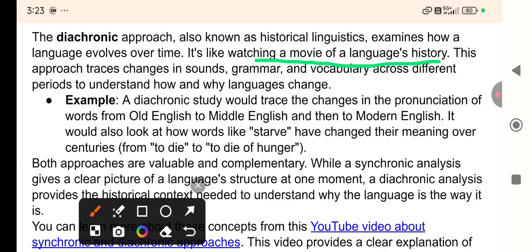Why? Because you want to know the different phases of the English language. How Old English became Middle English, and what were the reasons? Then Middle English became early modern English, then late modern English, and what's going on at present. That study, that approach, is called the diachronic approach.